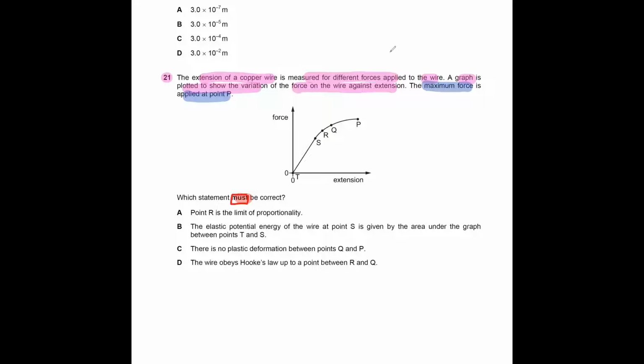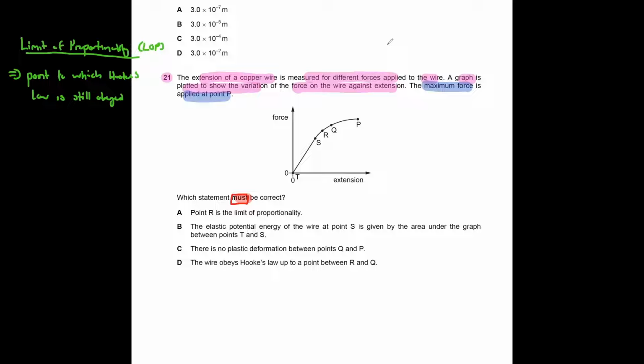Okay. So here, there are certain things to note, certain points to be aware of. There is this point called limit of proportionality, LOP. Limit of proportionality is a very special point which is the point to which Hooke's law is still obeyed.